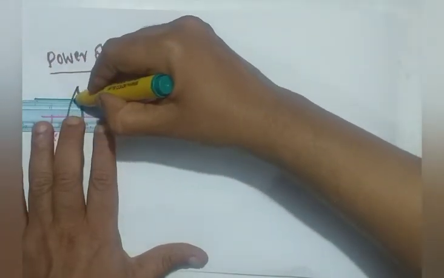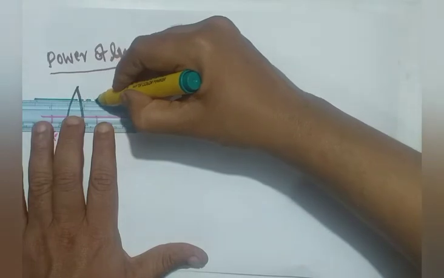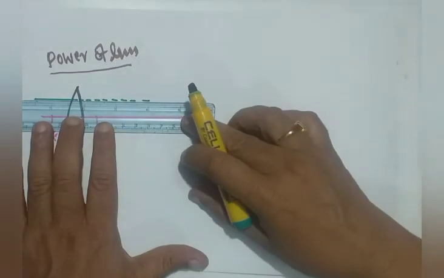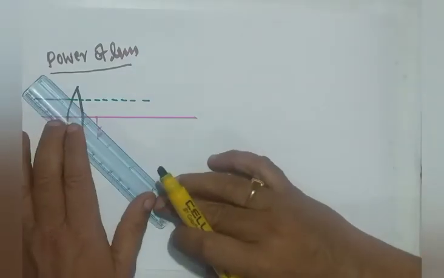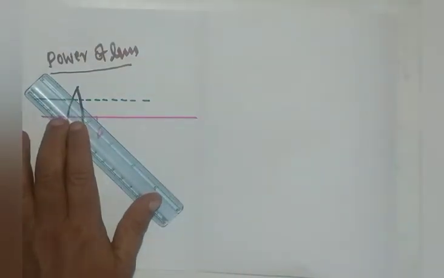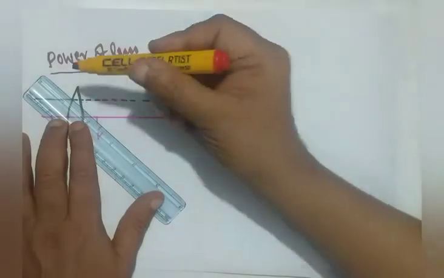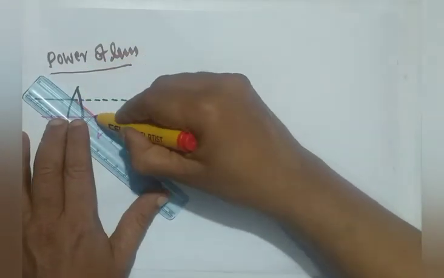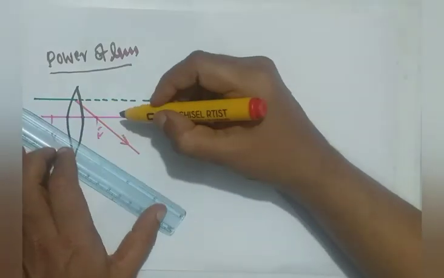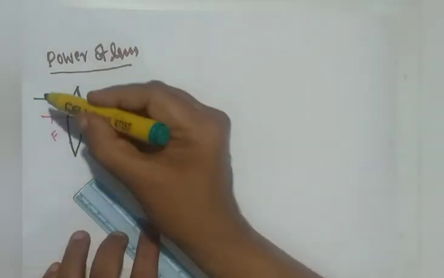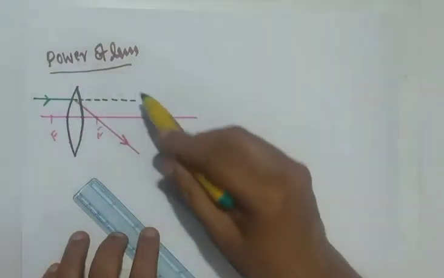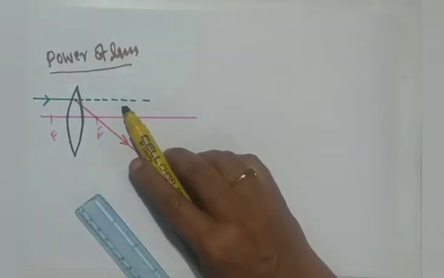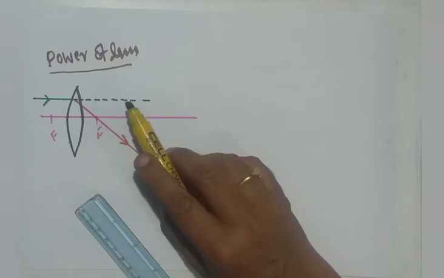And observe, I extend this line to show the path when there is no lens. Once the lens is there, the refracted beam passes through the focus like this. This is the refracted beam. This is the incident beam. This dotted line indicates the incident ray path if there is no lens.